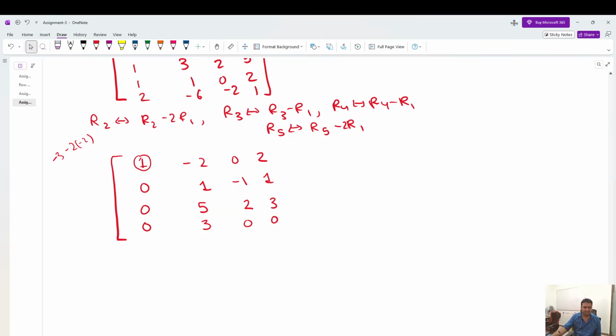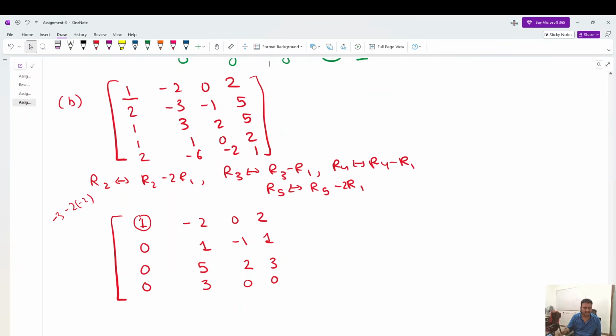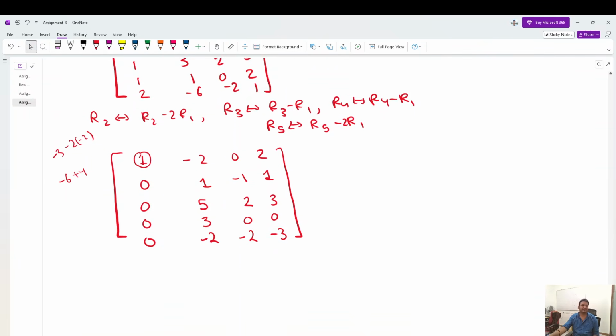Well, you can correct it. And this is 0, then minus 6, minus 2 into minus 2, plus 4, meaning minus 2. And this is again minus 2. And this is 1. This is minus 3. I hope I have not made any mistakes.